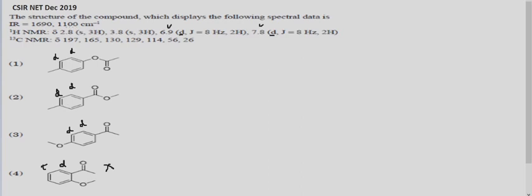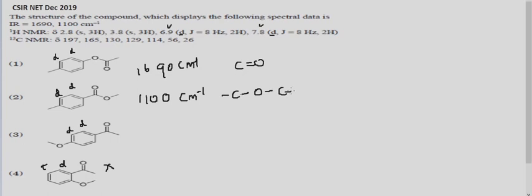The IR spectral value 1690 centimeter inverse corresponds to CO stretching, and 1100 centimeter inverse corresponds to C-O-C ethers.